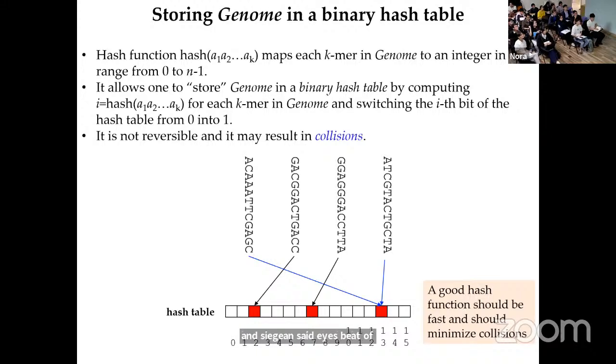Of course, it's not reversible, so you cannot figure out to which k-mer was hashed here, and it may result in collisions when different k-mers collide on the same position. It's not a big problem. It's not the major problem with the hash table yet. That's the problem that you caught, but we'll come to another big problem. Okay, and a good hash function should be fast and should minimize collisions.